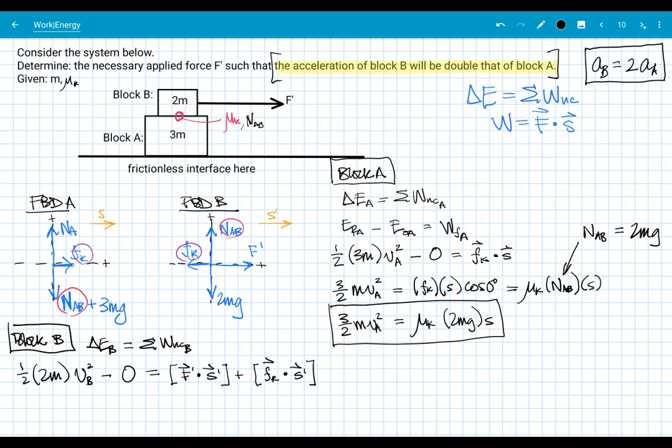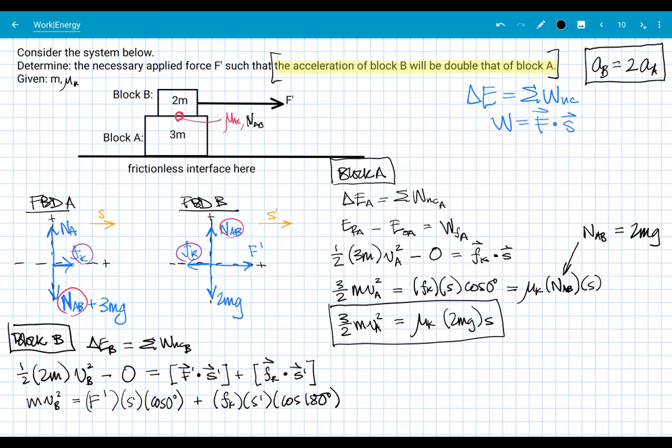Okay, so what is this going to look like if we simplify this? m v_B squared is equal to F prime. Now look at F prime. It's along the same line as the displacement. It's in the same direction. So what do I get there? I get F prime times S prime times cosine 0 for that case there, right? Plus, now my frictional force, displacement, and cosine 180 degrees between those two.